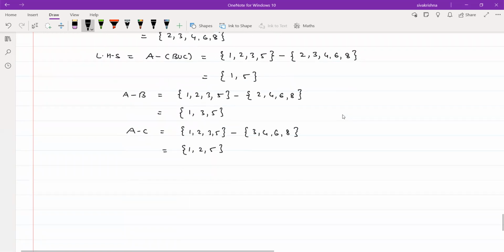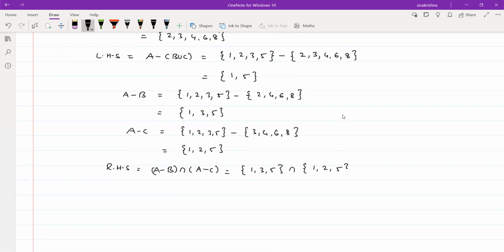Now coming to the RHS. So the RHS is A minus B intersection A minus C. So once again we write A minus B, which is 1 comma 3 comma 5, intersection A minus C, which is 1 comma 2 comma 5.